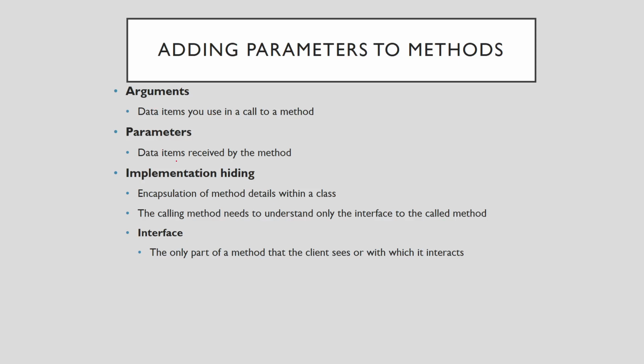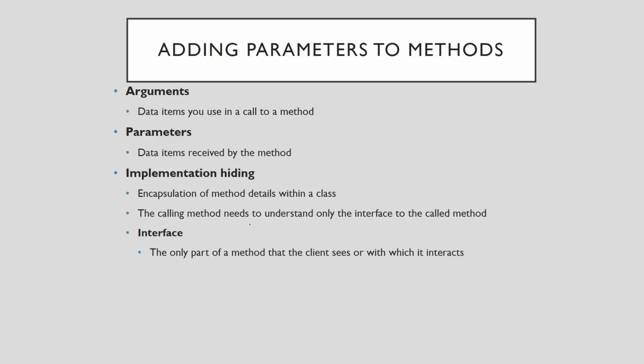Now, we can implement information hiding or implementation hiding by encapsulation. This implementation hiding specifies the encapsulation of method details within a class, so that the users will focus on using the method, using the data.